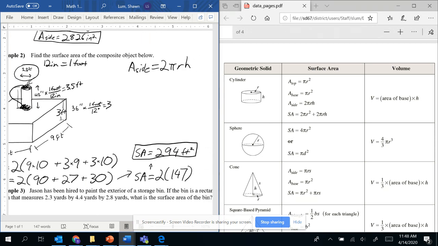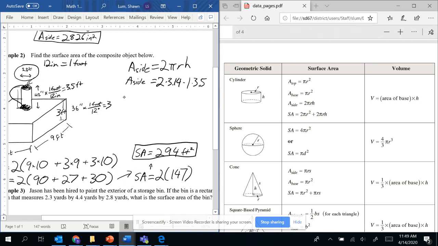So the radius is going to be 1. So I'm going to write area of the side again equals 2 times 3.14 times the radius, half of 2, which is just 1, times the height. The height of the cylinder happens to be 3.5.